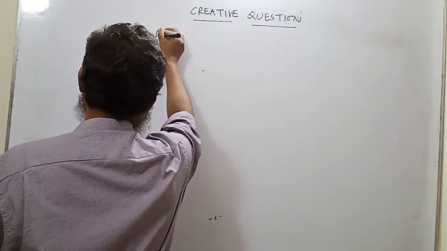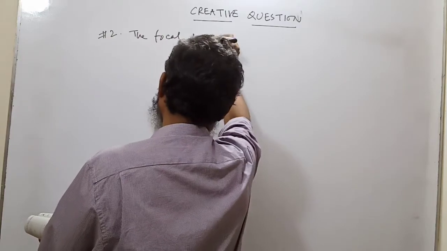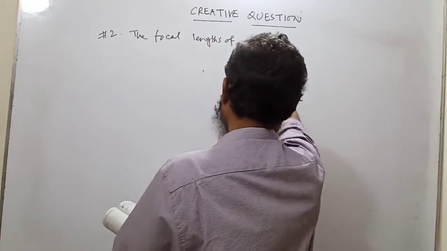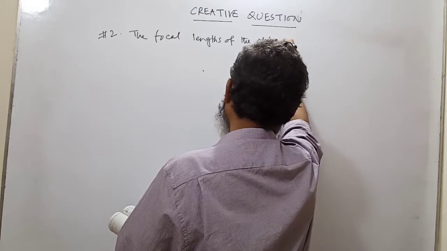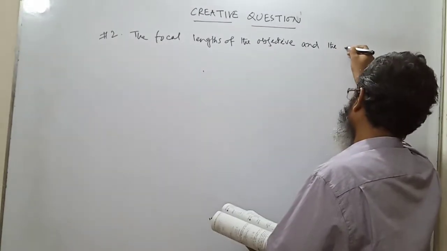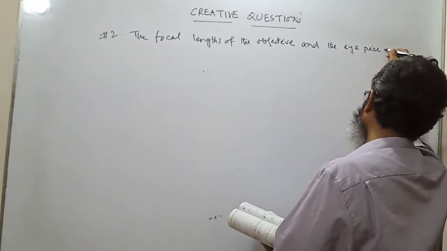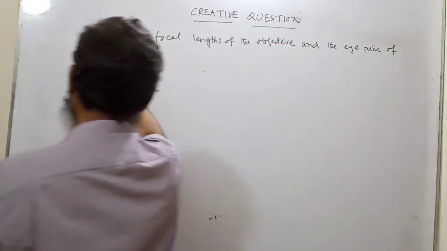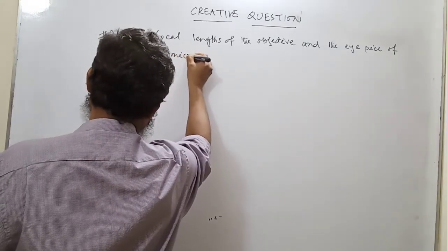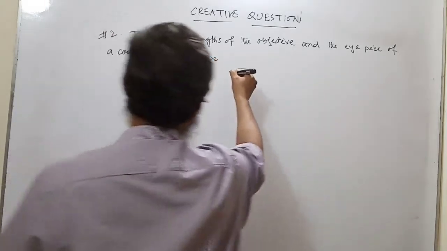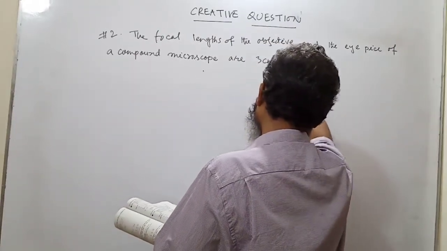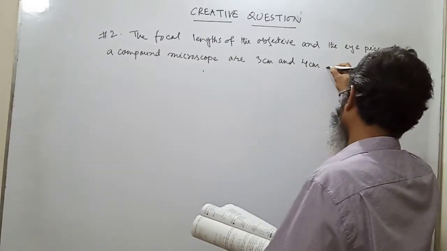The focal lengths of the objective and the eyepiece of a compound microscope are 3 centimeter and 4 centimeter respectively.